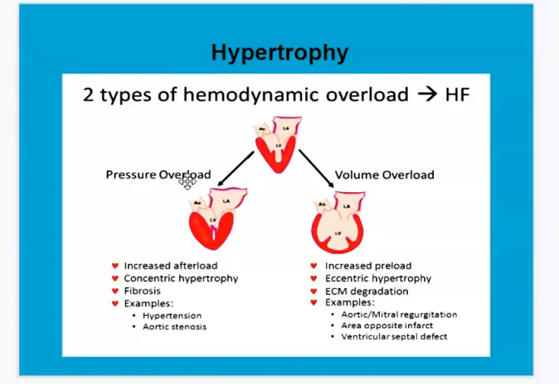And this pressure overload and concentric hypertrophy is due primarily to an increased afterload. So hypertension and AS are examples there, whereas MR and AI are examples over here. Probably good to know that for test purposes, the difference between eccentric and concentric hypertrophy and which overload causes either one.